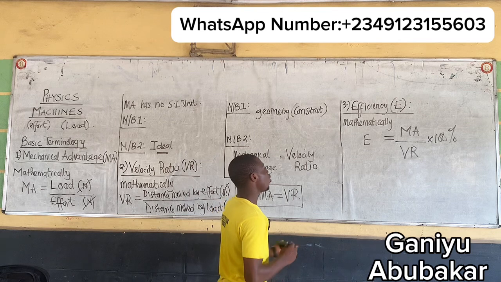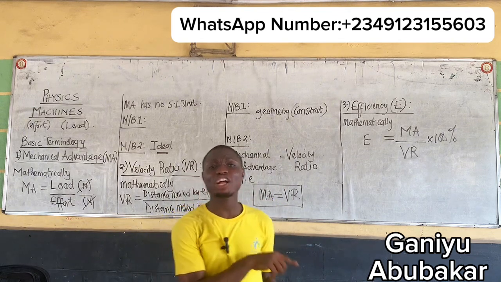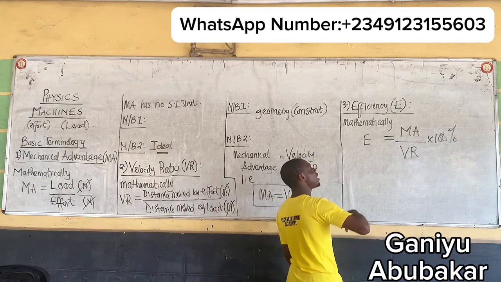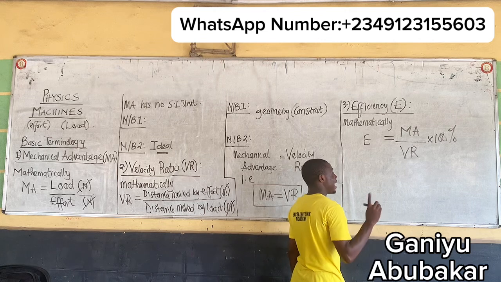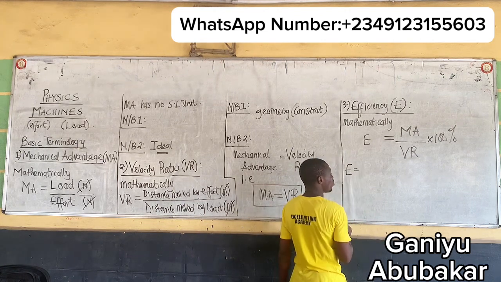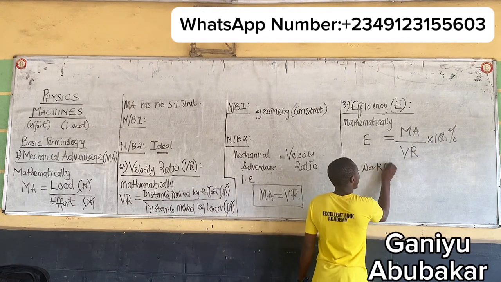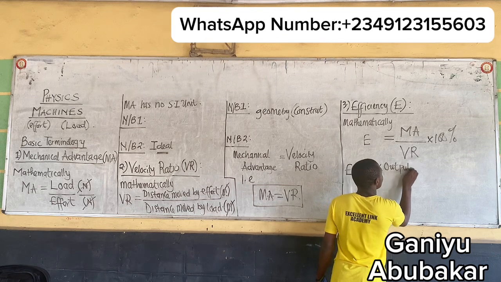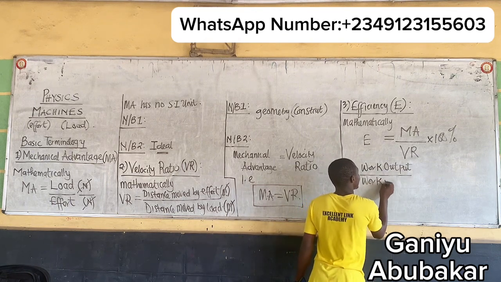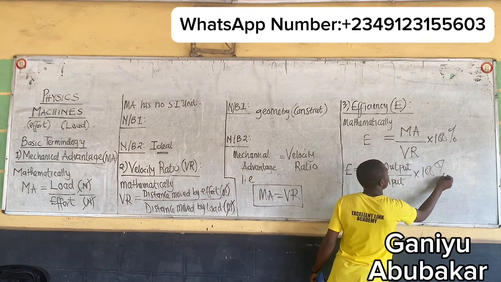Please also note that efficiency can also be expressed in terms of work output and work input. In other form, I can express efficiency E as being equal to work output over work input times 100%.